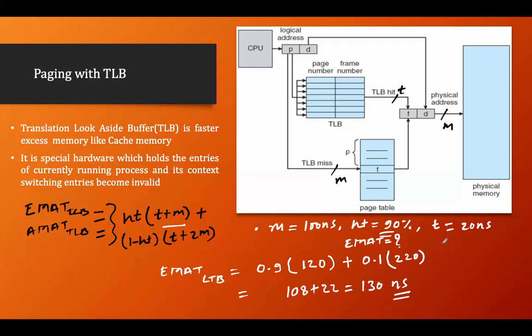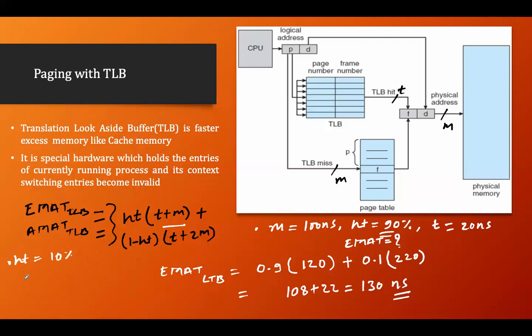So you can see the performance of the TLB totally depends upon the hit ratio of the TLB. If in the TLB there is a miss, we have to pay the penalty. So assume the same thing, everything is the same, but the hit ratio is, let's say, 10%.